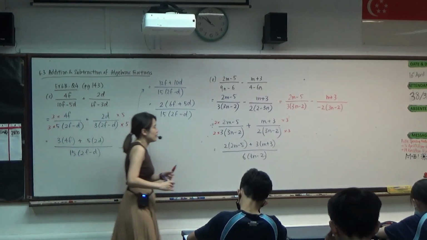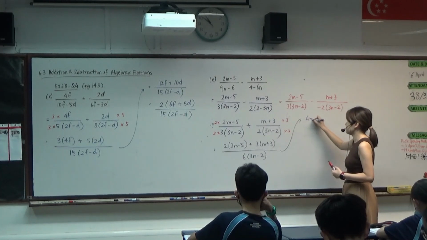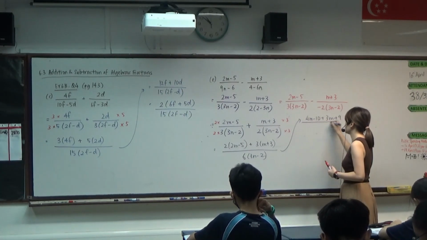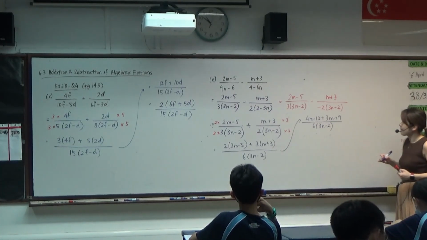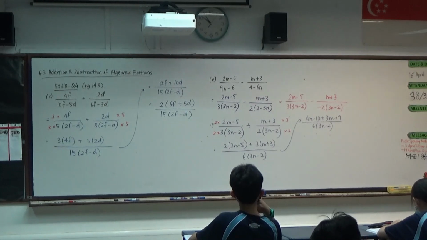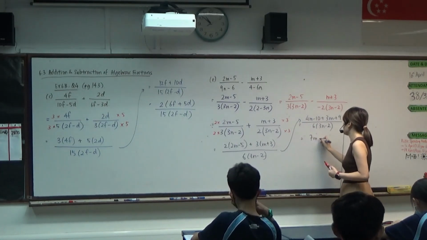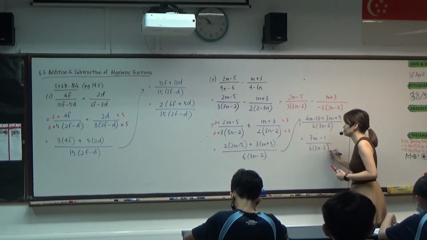Then we expand it and simplify it. So I will have 4n minus 10 plus 3n plus 9. And that leaves us with 7n minus 1 over 6 times 3n minus 2.